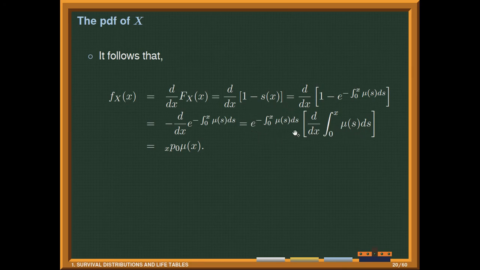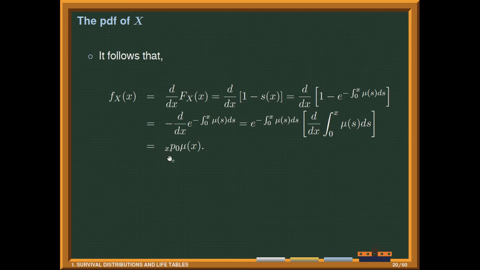And this, from the previous slide, is xp0. Okay? So what we're saying now is that the PDF of x can be written out this way. It's xp0, the probability that a newborn will survive to age x, times the force of mortality evaluated at small x.